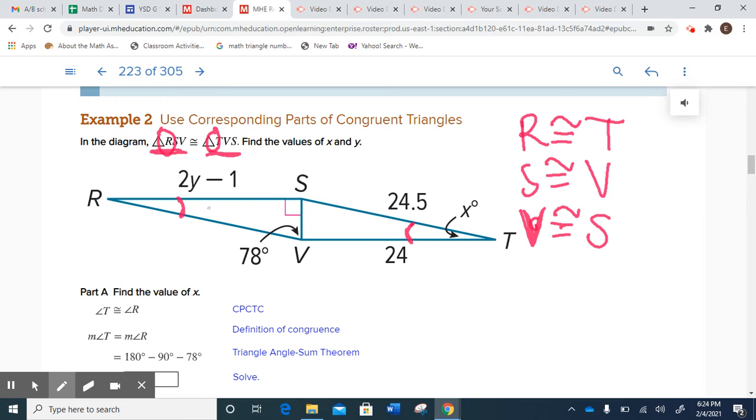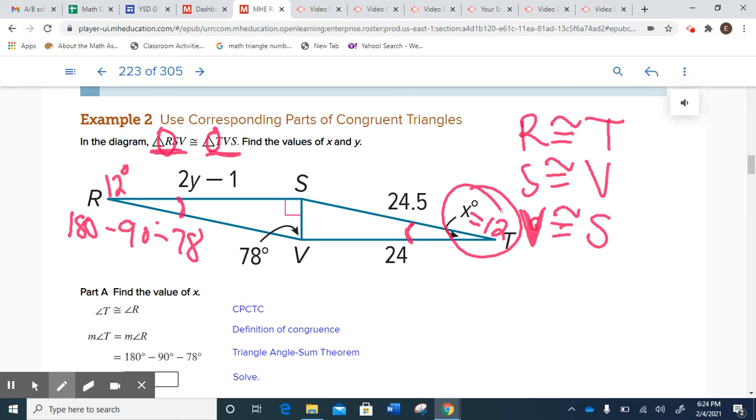So to find R, we're going to take 180 minus the 90 in the corner here for angle S minus the 78. 180 minus 90 minus 78, we are left with 12. So that means this X also has to be 12 because we have congruent triangles. R and T angles are congruent.